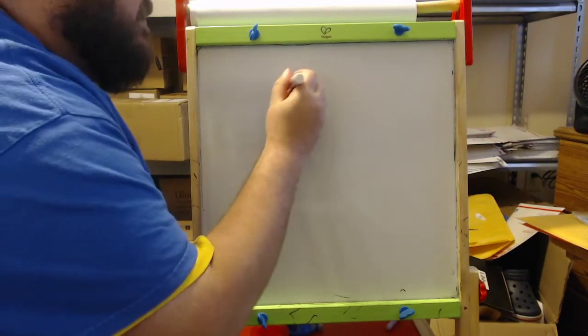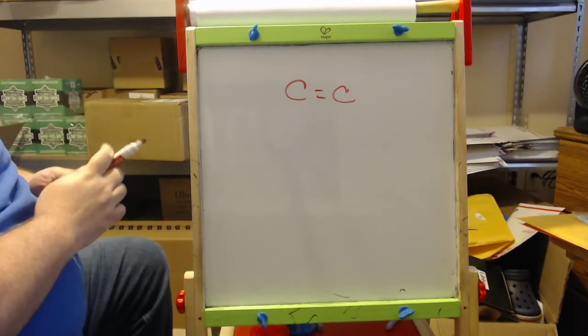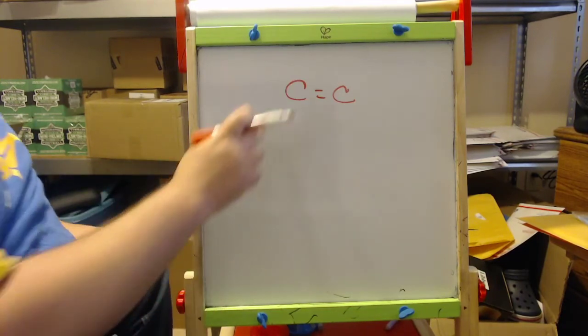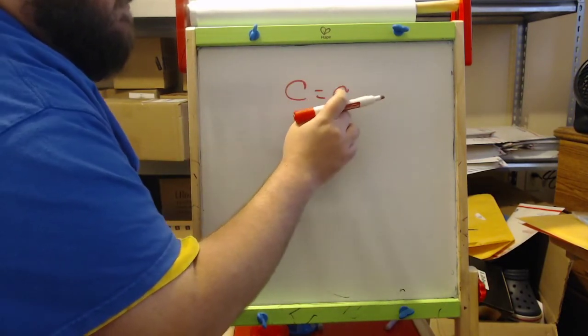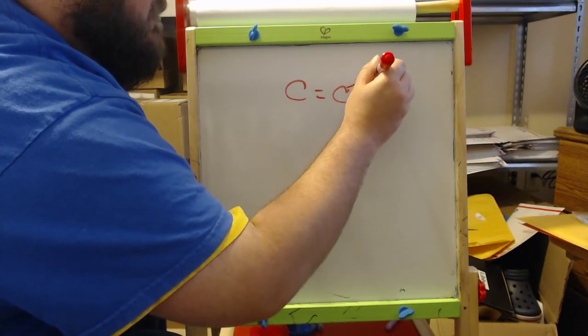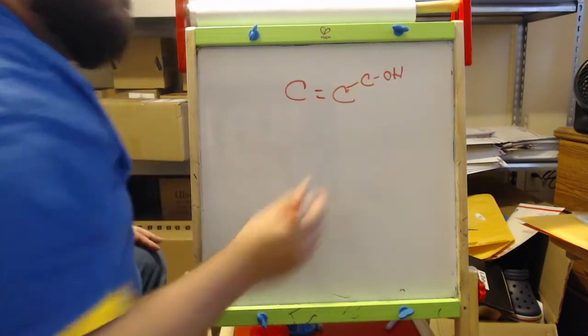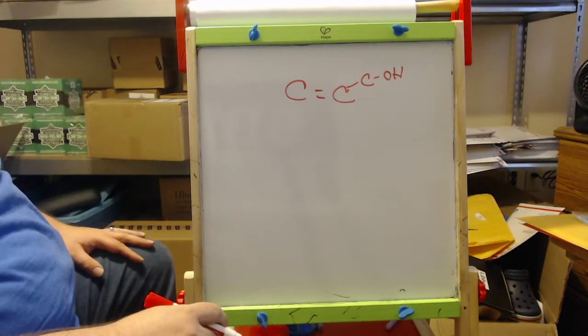So, that being said, let's imagine we had this. Okay. I've got a carbon that's bonded to a carbon that's bonded to a carbon that's bonded to an OH. That way.